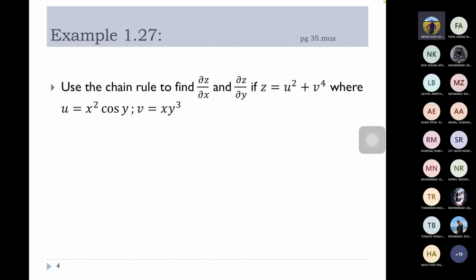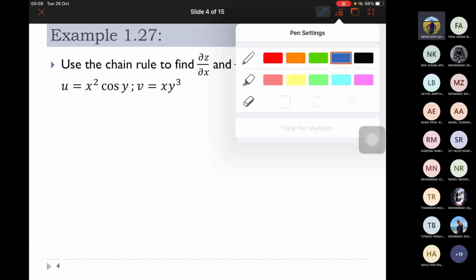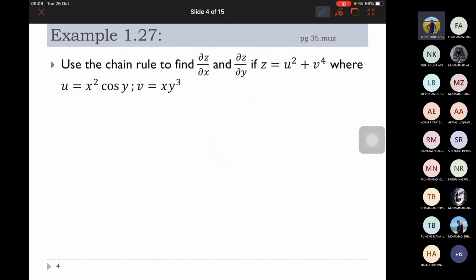So how do we solve this one? We have z equal to u to the power of 2 plus v to the power of 4.